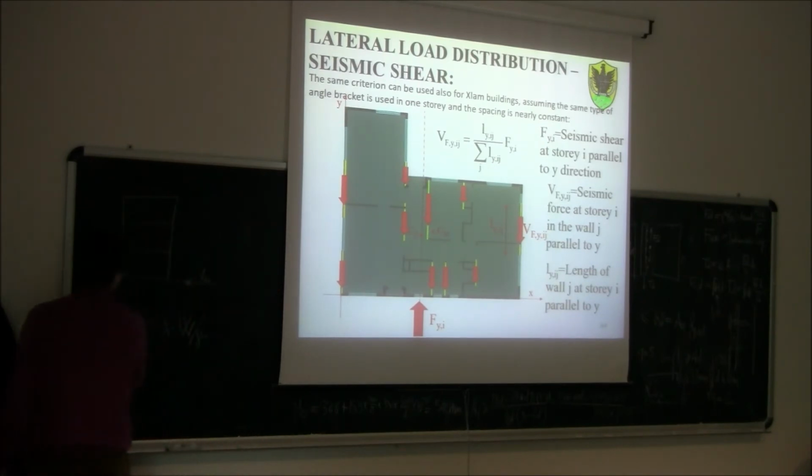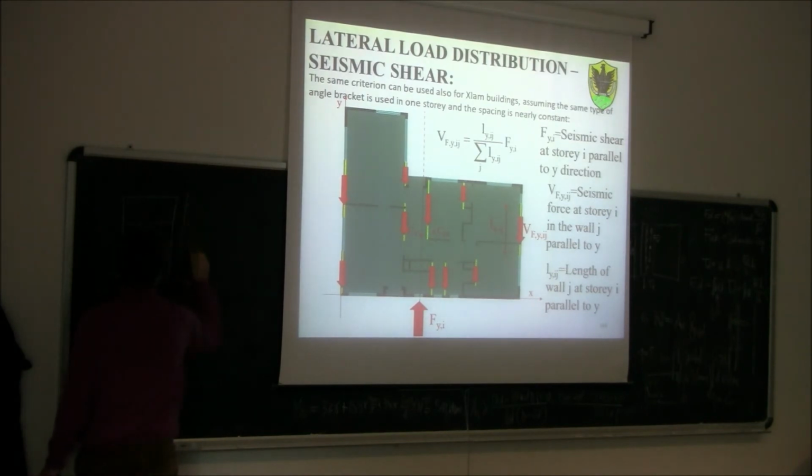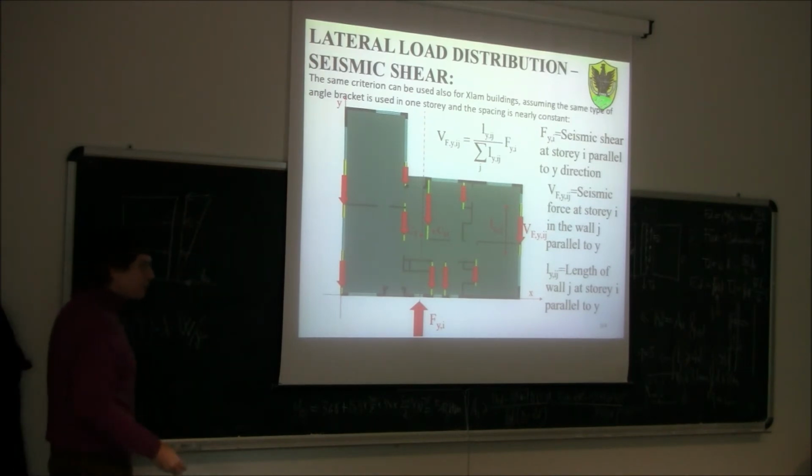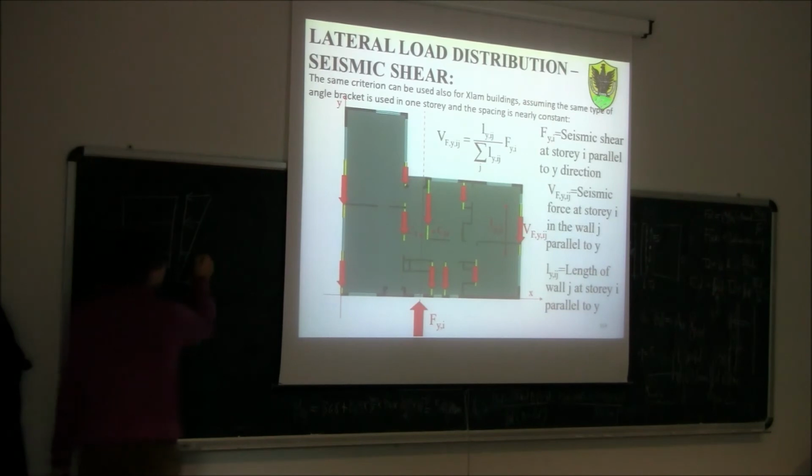Then, once I know Fb, I need to calculate the inverted triangular distribution of lateral forces at the different stories, 1, 2, and 3.